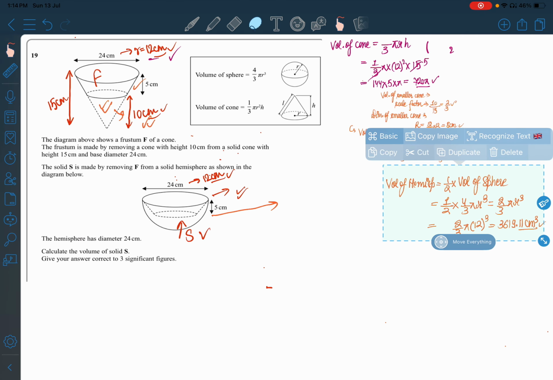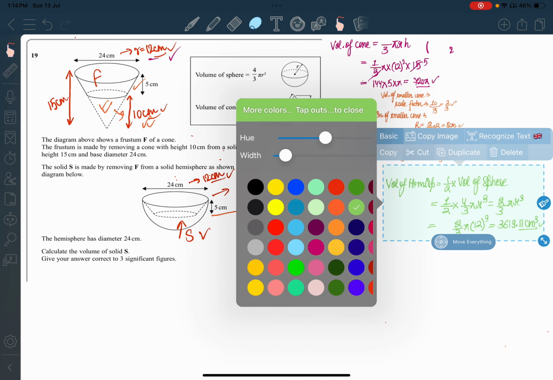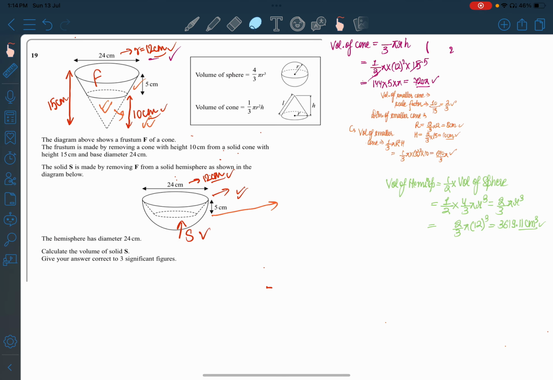Now we can calculate the volume of the frustum. We can calculate the volume of the frustum by subtracting the volume of the smaller cone from the volume of the total solid cone.